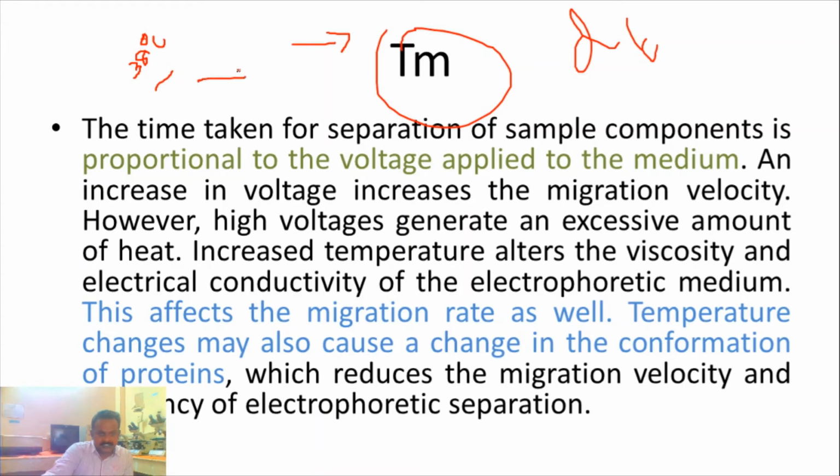If the temperature of the electrophoresis system increases, a huge amount of water molecules evaporates routinely. At that time the buffer becomes concentrated, so the ionic strength increases, the pH increases, and the volume of the solution decreases.